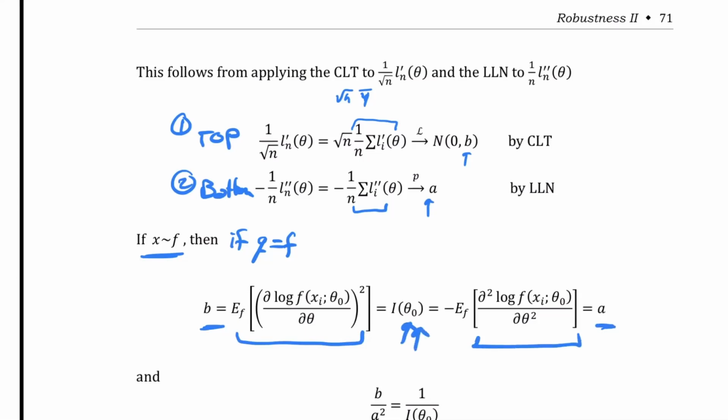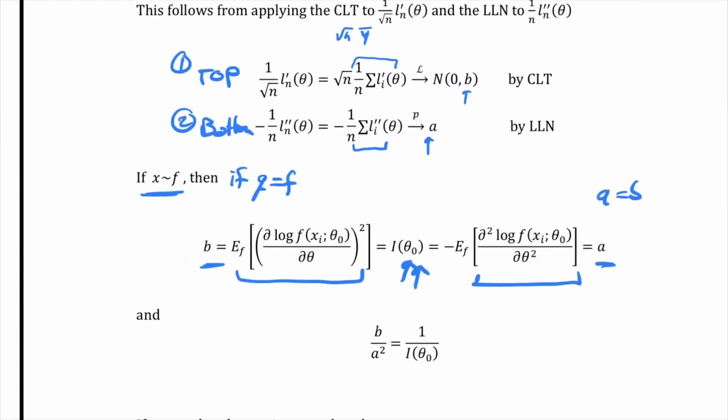And so they're equal. So then A equals B. And then B over A squared is 1 over the information, because you have information over information squared, which is 1 over the information. And so that's what we did before. And we said, oh, look, A is a shortcut, remember? This is a shortcut for calculating B, which is the variance of the score function. So these things were important.